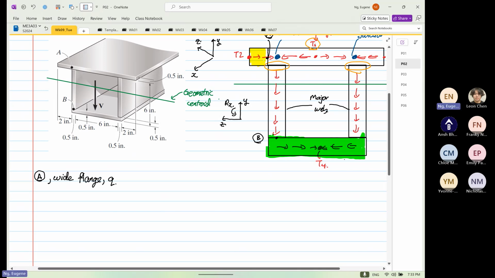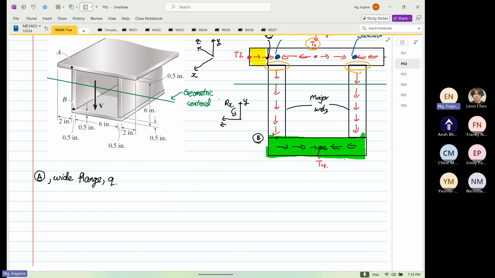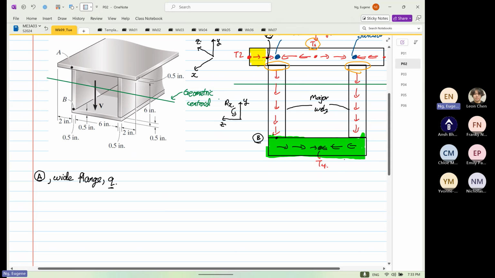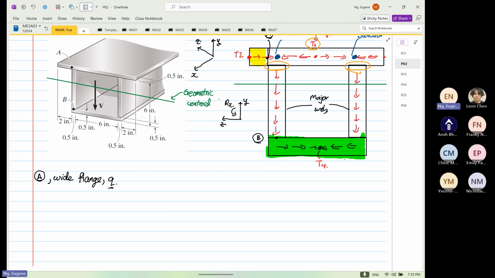And this is going to be Q. Okay. Another unique thing about this problem is a combination of what? Box beam and white flange, as you can observe from here. Okay. So it's why I like to write this, because it will remind me whether to divide by 2 or not to divide by 2. You don't have that, it can be pretty confusing.